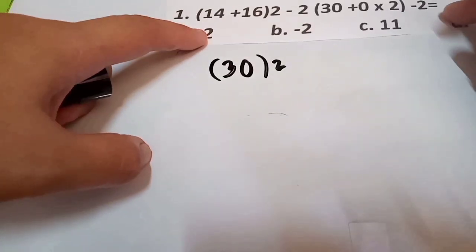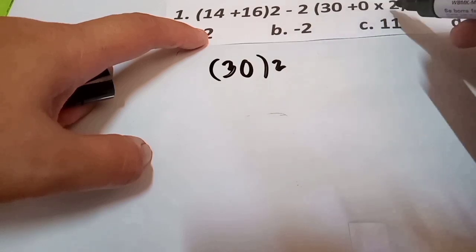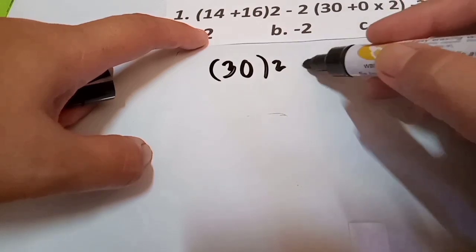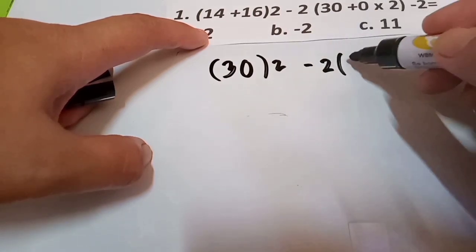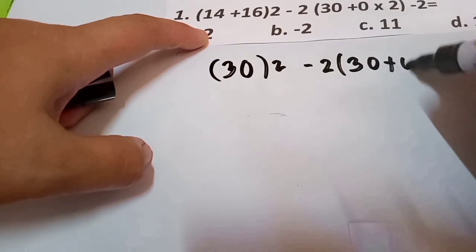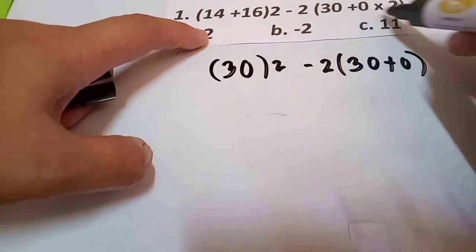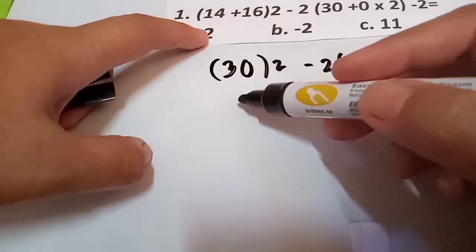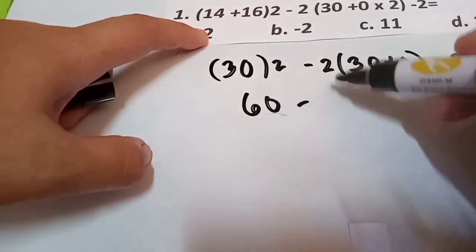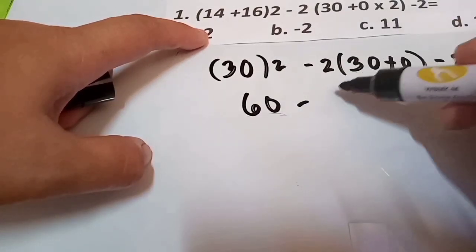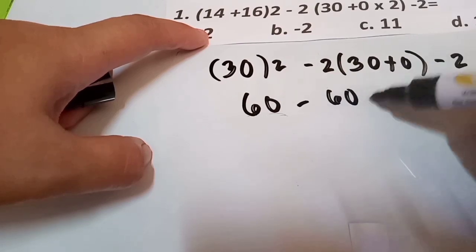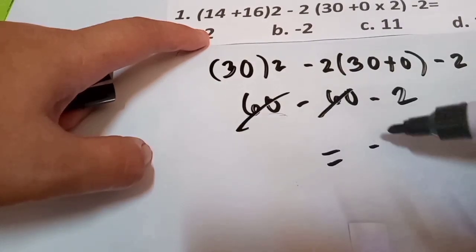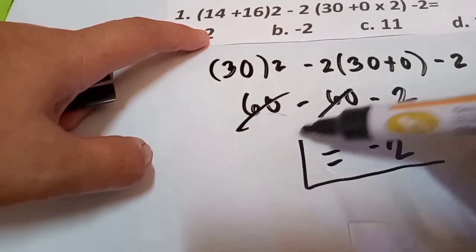And then 0 times 2 will become 0, so 30 plus 0 will become 30. 30 times 2 will become 60, minus 2, and then you cancel this one, and the remaining will be negative 2.